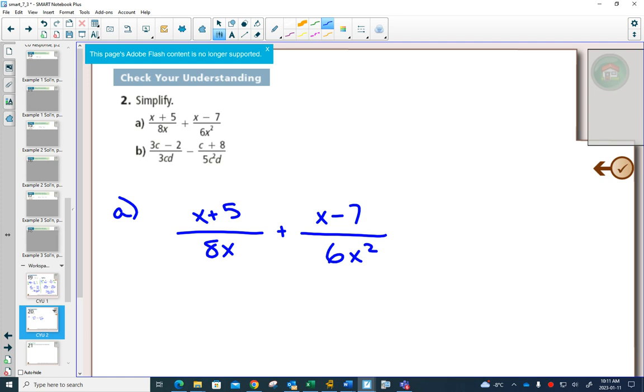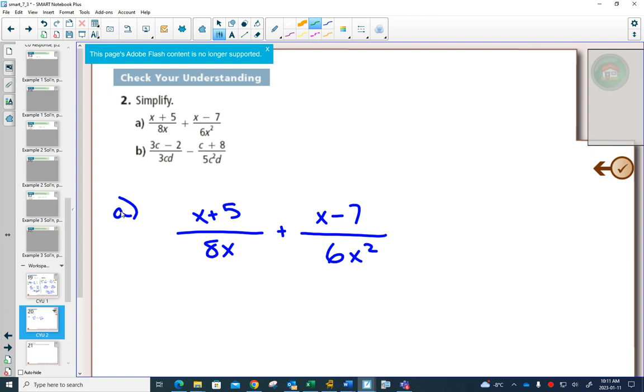If you have trouble seeing that, it's very common, and not a mistake, to multiply this one by 6 and this one by 8, because that would make them the same. This one has an 8, this one has a 6. We can make them the same with 8 and 6.